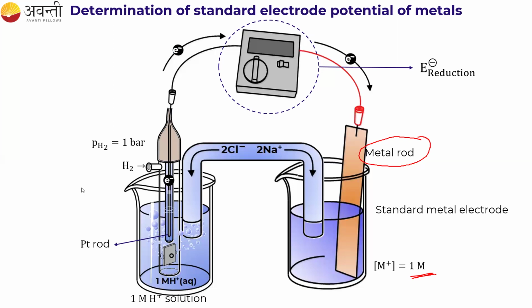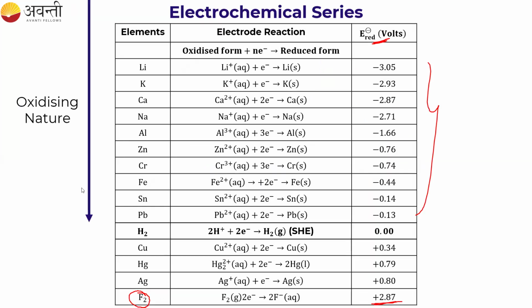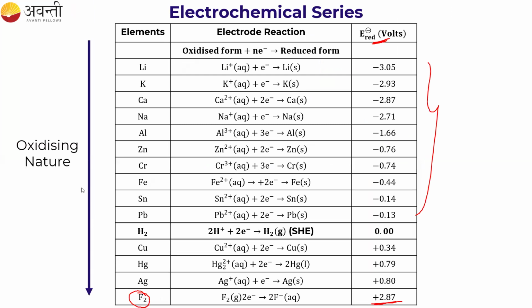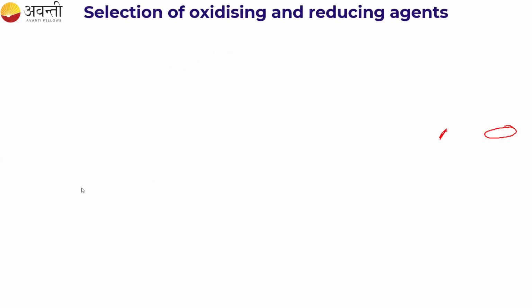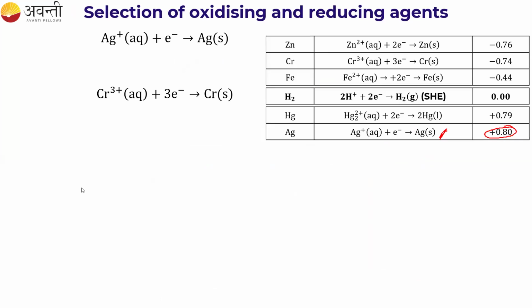So let us move on to the next thing. We have completed the electrochemical series and we were discussing the selection, right? So now the E0 value, the electrode potential or the standard reduction potential value for the first reaction is plus 0.80 volt.